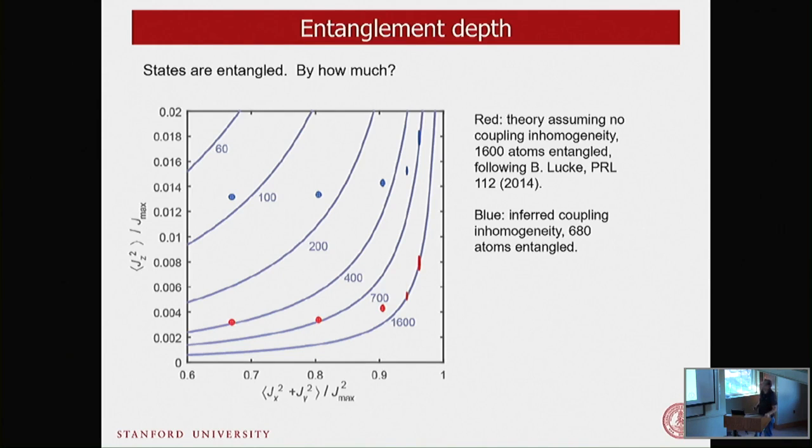Here is a plot, following analysis work from this PRL, that relates the experimental collective observables, the observed spin squeezing and the observed coherence, to an inferred entanglement depth for the ensemble. Entanglement depth is a measure of how much entanglement persists through the ensemble after you have done this squeezing protocol. Now, why is it entangled at all?